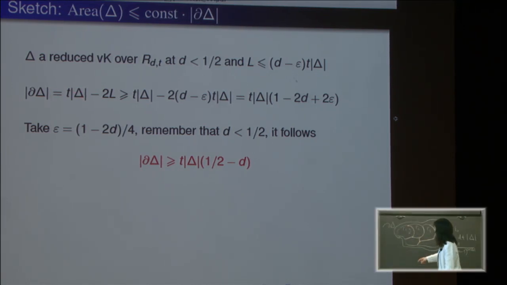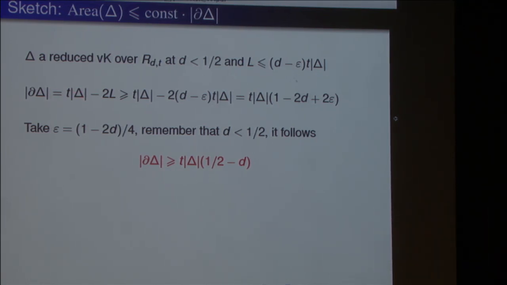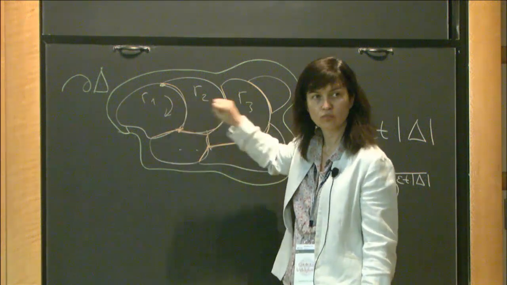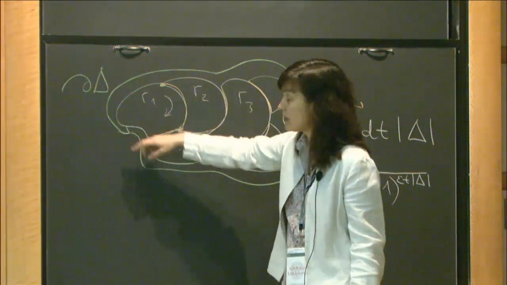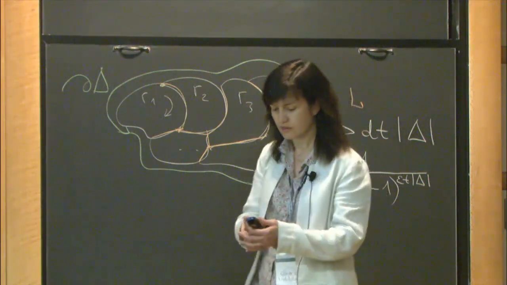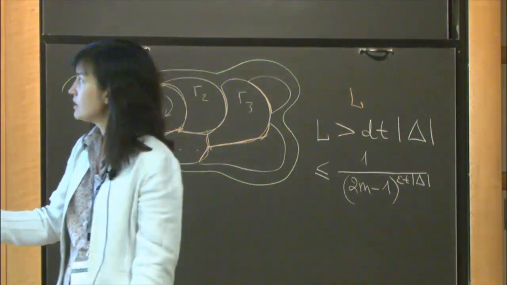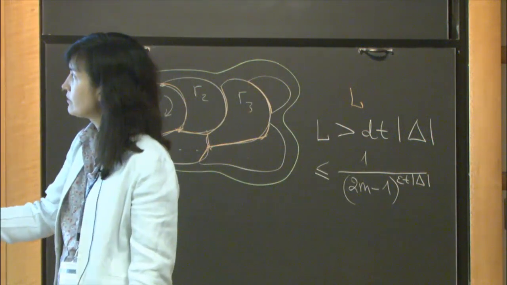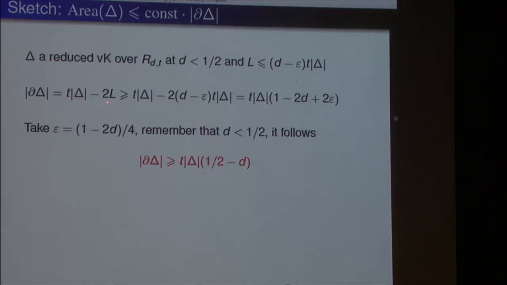But each time I count this common part twice, and I have to remove it because I'd like to count the boundary. Okay, so it's really obvious. The length of this boundary is t delta minus 2L, and I am in the situation where L is at most this number. So I just put it inside, and it gives me this formula.